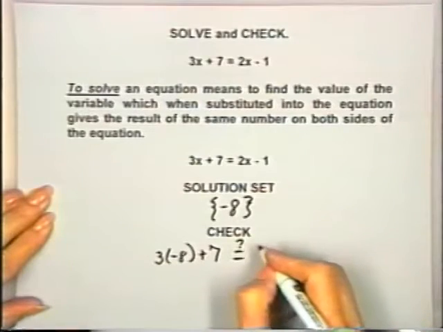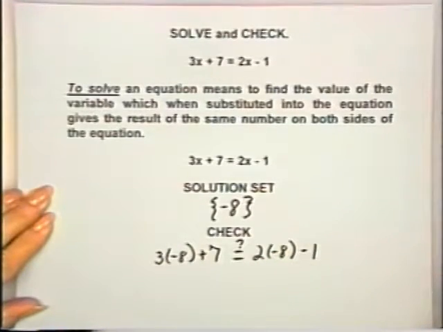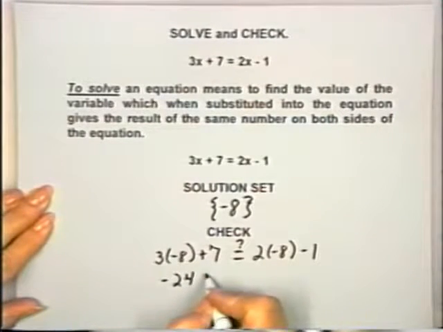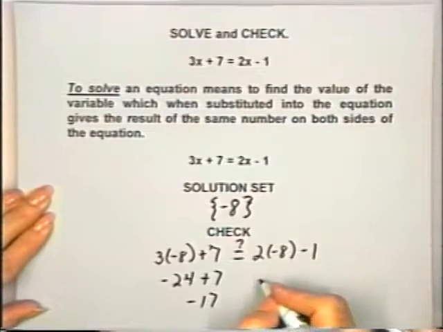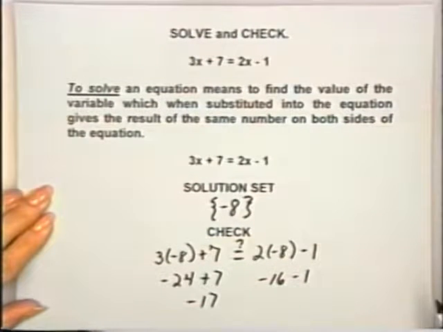Does that equal 2 times -8, subtract 1? 3 times -8 would give us -24 plus 7. -24 plus 7 would give us -17. On the other side, we would have 2 times -8, which is -16. Subtract 1. -16 subtract 1 gives us -17.